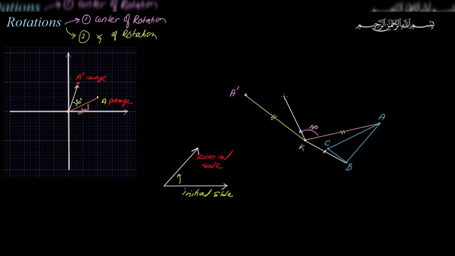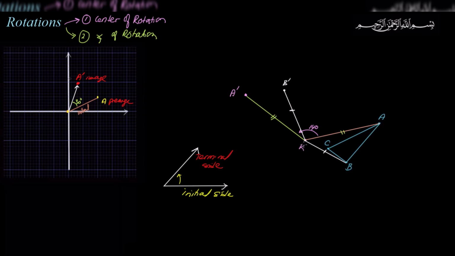Point B would be like somewhere over here. I'm guessing this is 140. You have to forgive me if I'm terribly wrong over here. So this is going to be B prime, rotated 140 degrees, and it seems slightly inaccurate, but that's okay.